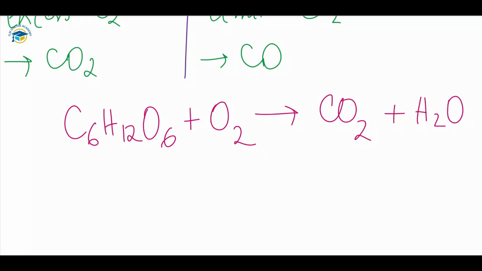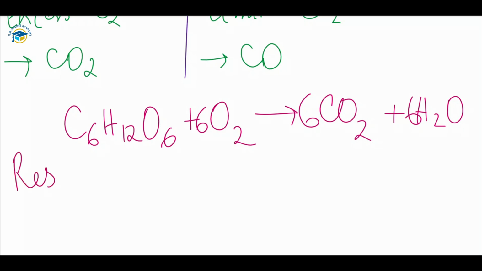That is a more poisonous gas, harmful for human health, for the environment, for the animals, and also for the plants. We will balance this equation like this. You have to put the 6 before all these three. This reaction is exothermic, and this is the overall reaction process for respiration.